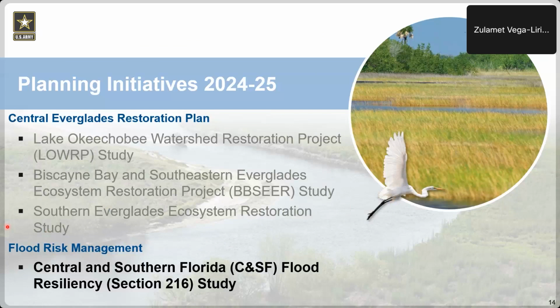This study is under the authority in Section 216 of the Flood Control Act of 1970, as southeastern Florida has changed significantly from when the CNSF system was authorized and constructed more than 70 years ago. Some of these variables are population growth and development, extreme rainfall intensification, including frequency and intensity, and sea level change.